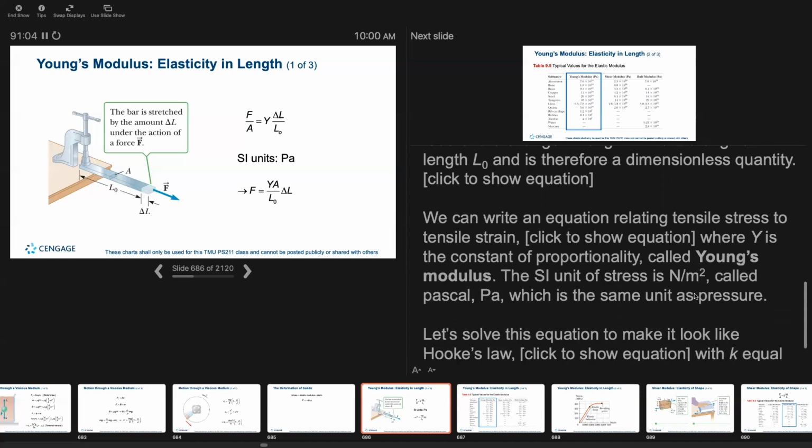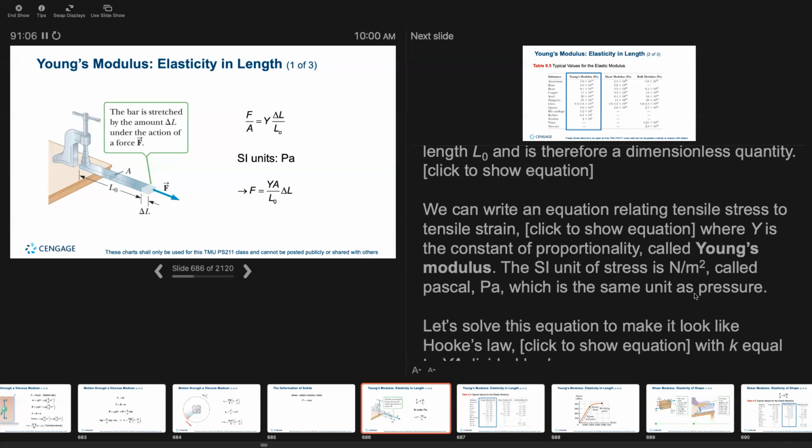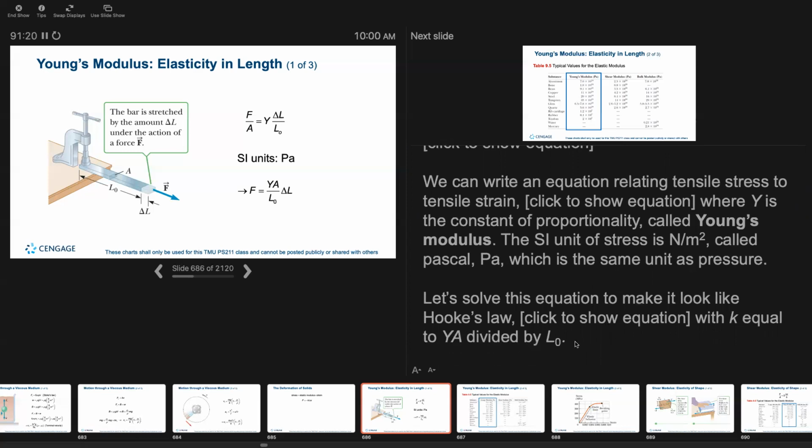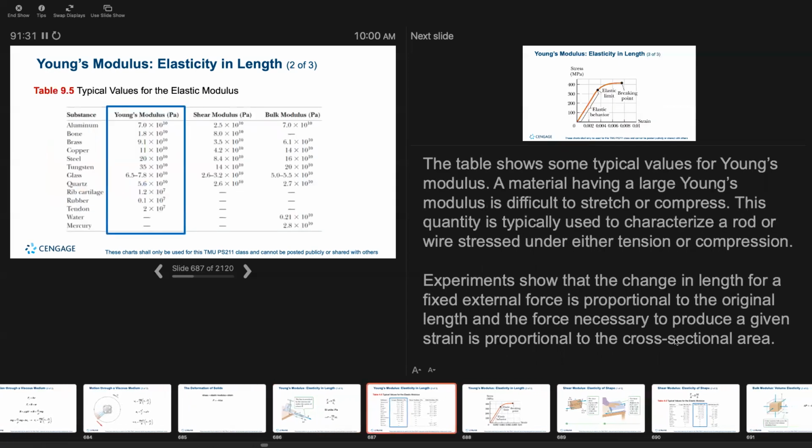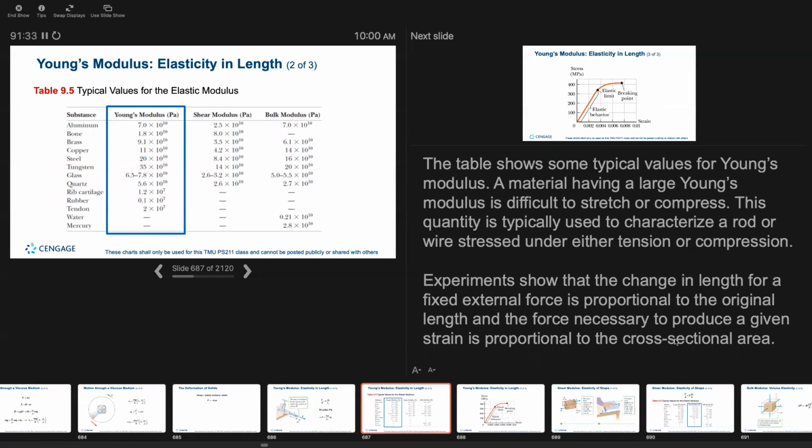We can write an equation relating tensile stress to tensile strain, where Y is a constant of proportionality called Young's modulus. The SI unit of stress is newtons per meter squared, called the Pascal, which is the same unit as pressure. Let's solve the equation to make it look like Hooke's law, where K is equal to YA divided by L0.